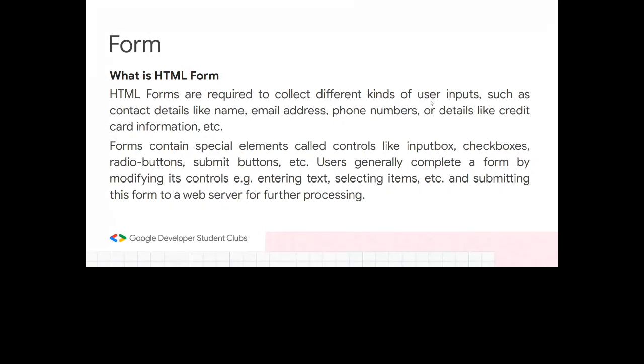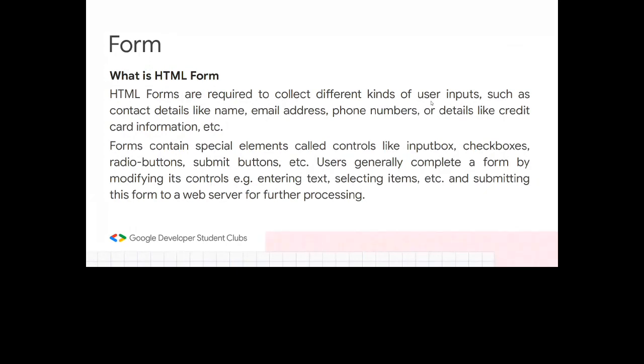A form is simply something that contains all the details of a user. We can include inputs like name, email address, phone number, address, pin code, gender, languages known, date of birth, or the range of marks or percentage.